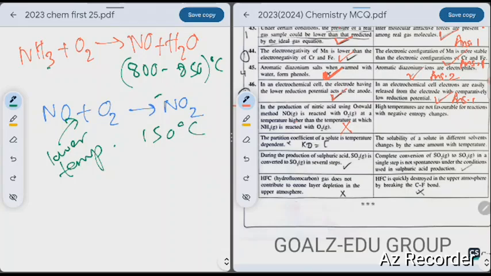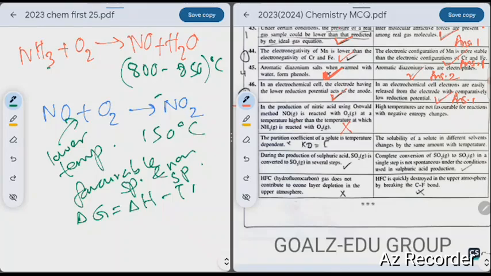Next, high temperatures are not favorable for reactions with negative entropy changes. Now, if this word favorable comes, we have to check whether it is spontaneous or non-spontaneous. For that, we have this equation, delta G equals delta H minus T delta S. They are telling high temperatures are not favorable for reactions with negative entropy changes.